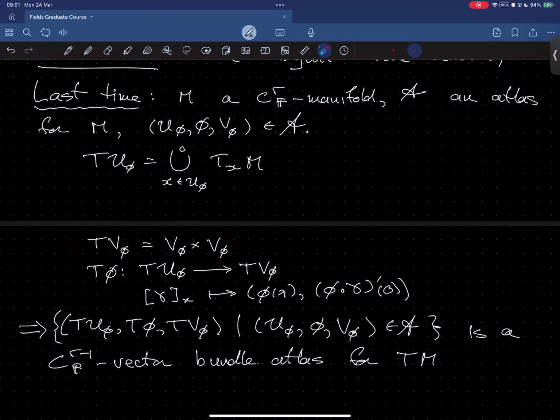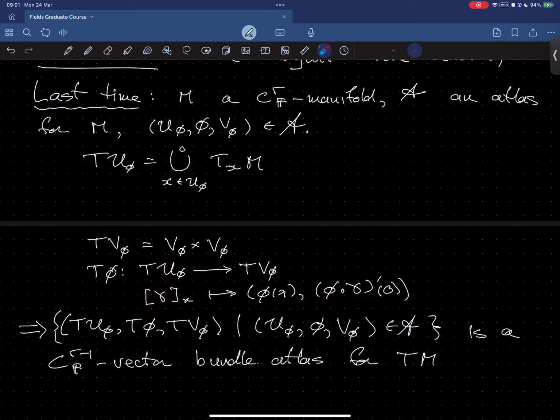mapping took a tangent vector with a base point in u phi and mapped it to this thing. And so it maps it to the point in the chart in the first component, and then the derivative of the corresponding curve at zero as the second entry.